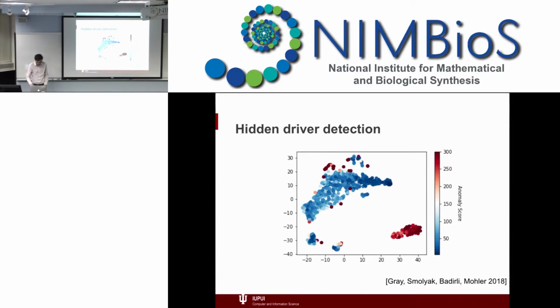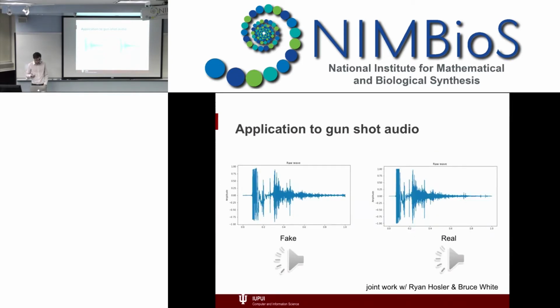So what does this have to do with gunshot detection? Well, I have a student that's been working on this for the past few months, basically fitting these GANs to gunshot audio. And I think it has worked well. So here's a real gunshot, and here's a fake one right there.